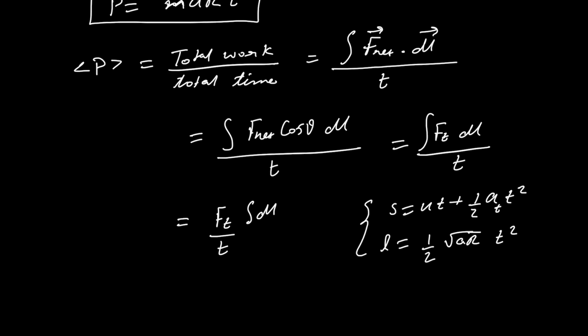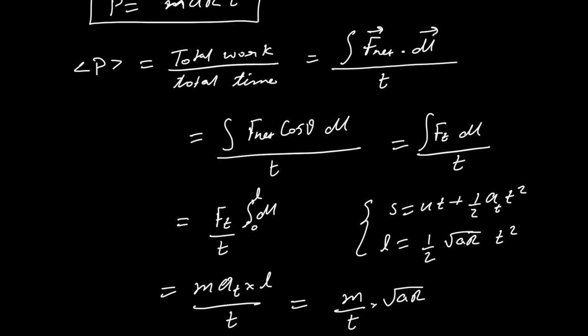So the integration of dl is L, which is this quantity. And the tangential force is m into a tangential, and this is L divided by T. So m by T, a tangential is root a r, and the value of L is root a r t square by 2.